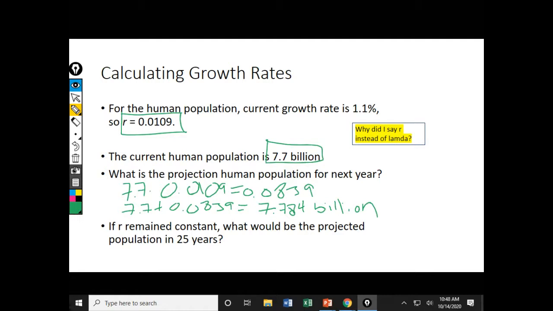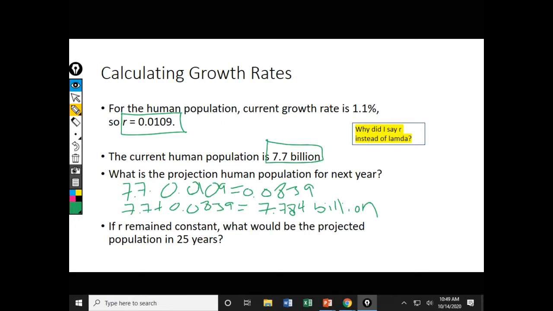Okay, so I've lazied this out. All we've done is take just the leading number, our 7.7, and multiply it by our rate of change, because the rest of it is just a bajillion zeros. That gives me this really sad looking decimal, which is not actually sad, it's a huge number.